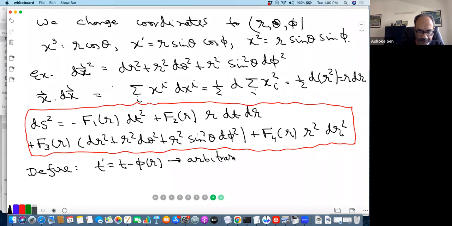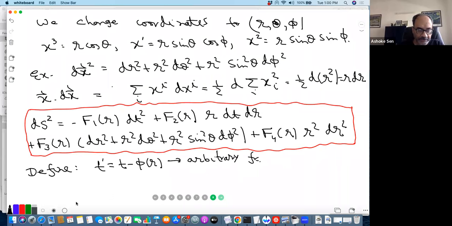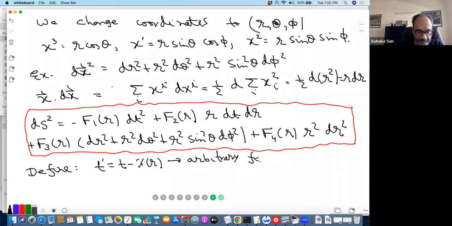We'll choose it appropriately in a minute. Yes, this has nothing to do with the coordinate phi, so we call it chi. So this chi of r is an arbitrary function.